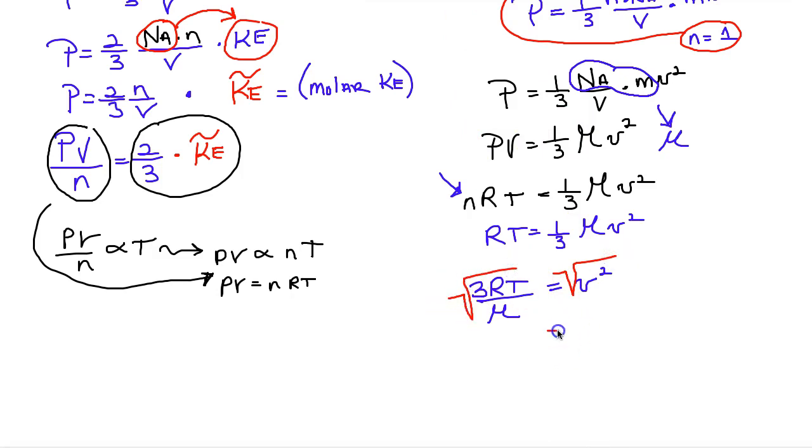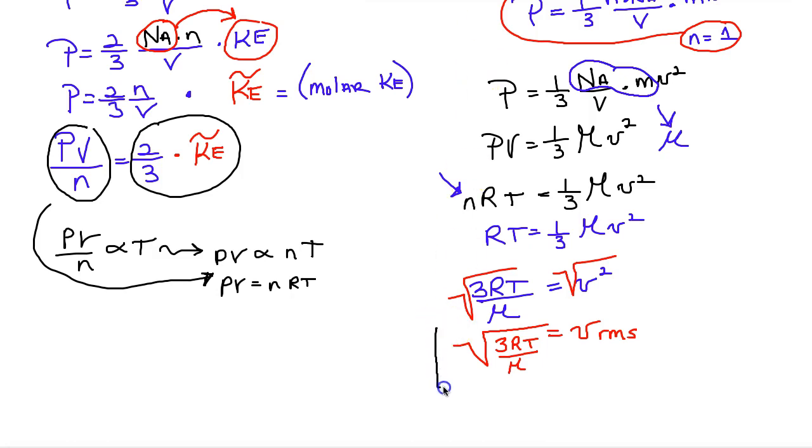And so what you get is mu, which we call the root mean square speed, and it's equal to the square root of 3RT, universal gas constant times temperature in Kelvin, over the molecular mass. And that is a very, very important equation.